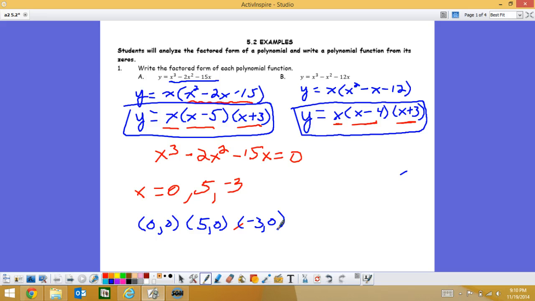So 0, 5, negative 3 are zeros of that function. They are roots of this equation, and those points are x-intercepts of that graph. That's how they're all intertwined and related.